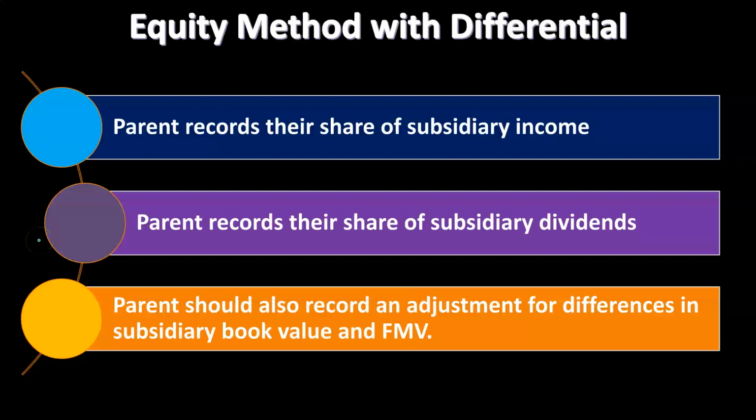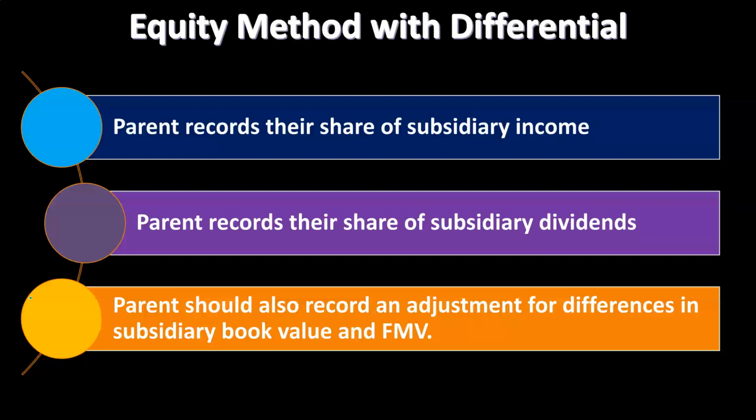But now the parent should also record an adjustment for differences in the subsidiary book value and fair market value. So in other words, note that the subsidiary is going to have their net income based on the book values, which will include things like the depreciation expense.